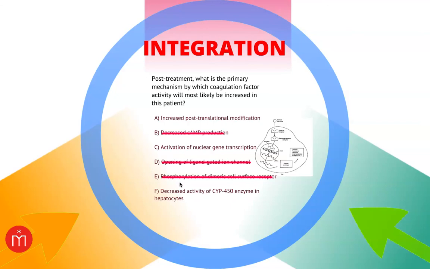Another of the answer choices we can eliminate is decreased activity of CYP450 enzymes. CYP450 enzymes are important to know for the USMLE Step 1, Step 2, and Step 3, but they're beyond the scope of today's discussion and are not relevant to this question. CYP450 enzymes are particularly related to detoxification of things that are consumed by the body, and so that would be relevant in another setting, but in today's discussion, this is not what we're looking for.